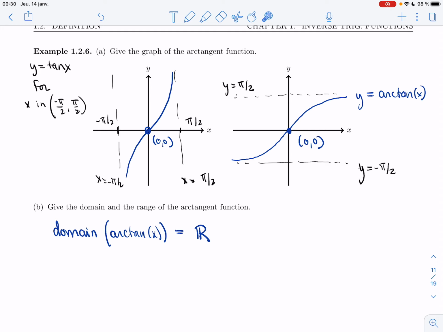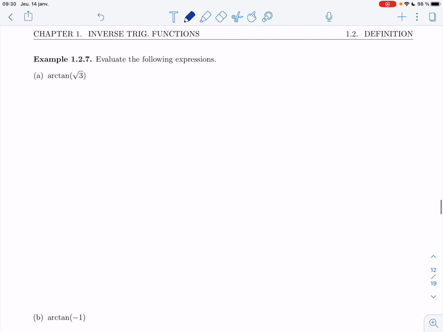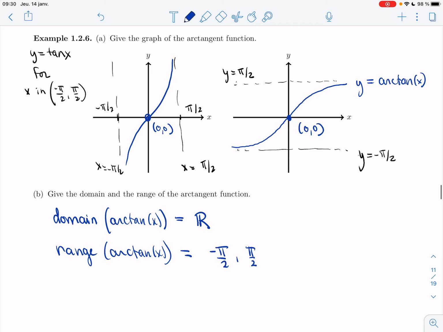If I look at this graph here and I'm asking for its range, I notice that I start at the horizontal asymptote and go to the other one, but I don't include the endpoints. And so the range of arctan of x is, so I'm going to start at minus pi on 2 to pi on 2. And of course, I'm going to exclude them because they're not attained in the graph. And so I'm going to put these round parentheses that we use for excluding now.